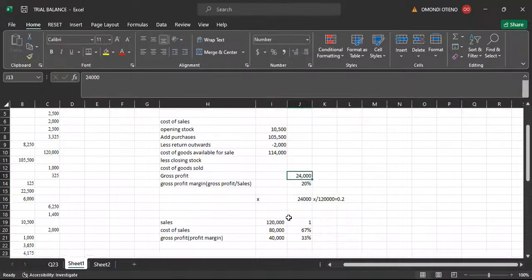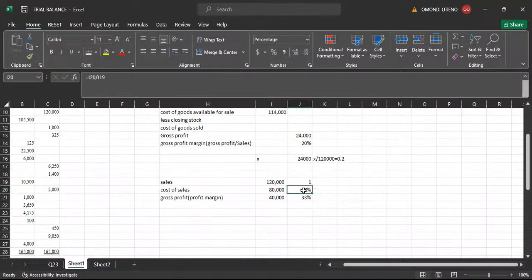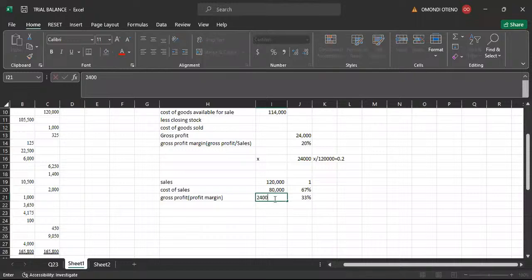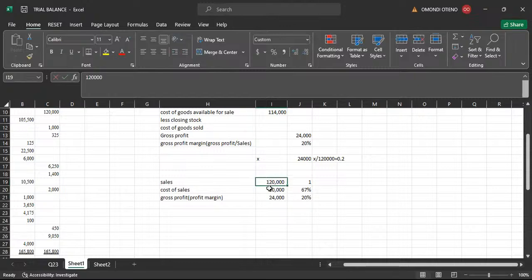If gross profit is 24,000, how was I arriving at it before? I was taking 120 minus 80. So what will I have here to get the cost of sales?